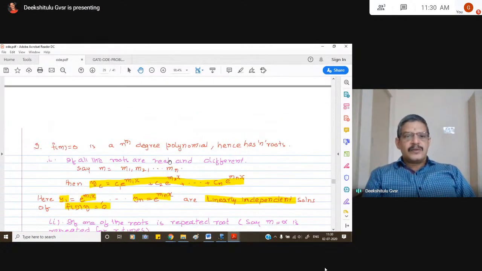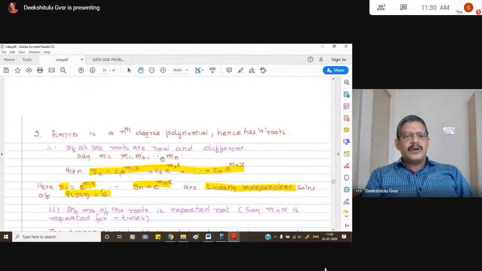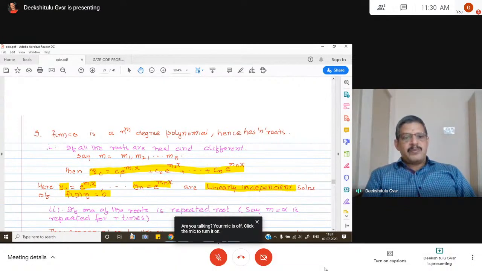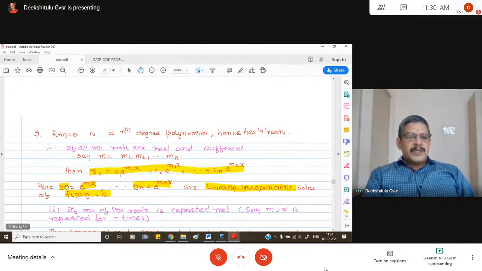Now there are 2 or 3 cases here. If all the roots of f of m equal to 0 are real numbers and distinct, let us say the n roots are m1, m2, and so on up to mn. Then your complementary function becomes c1 e to the m1 x plus c2 e to the m2 x, and so on, plus cn e to the mn x. Here e to the m1 x, e to the m2 x, and so on we call y1, y2, up to yn.